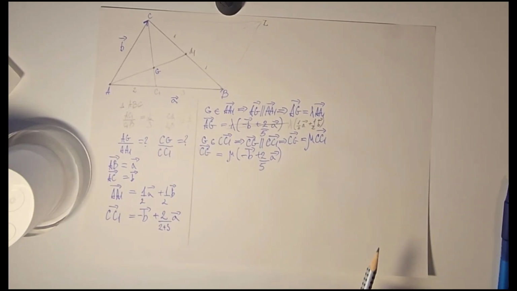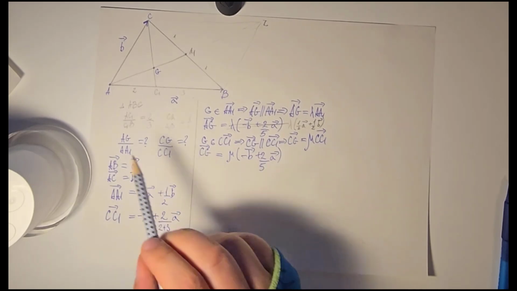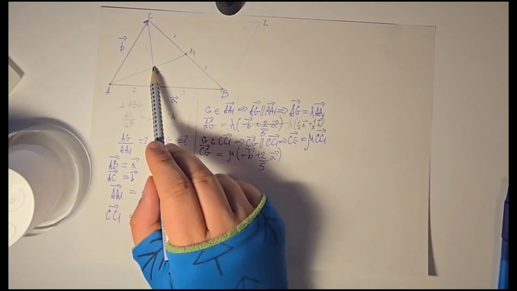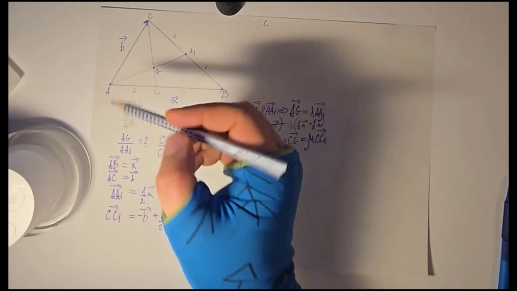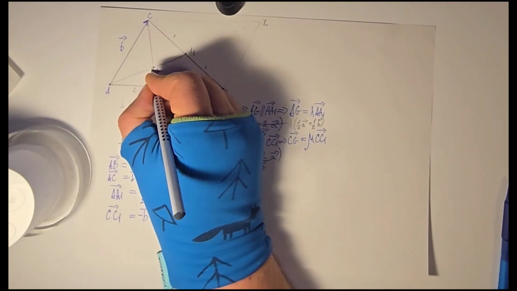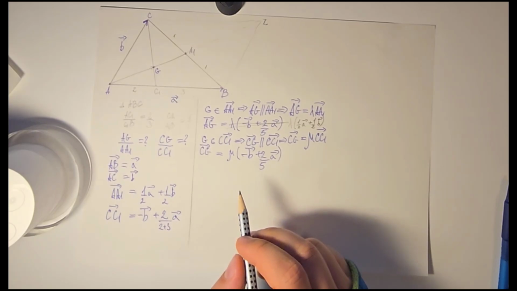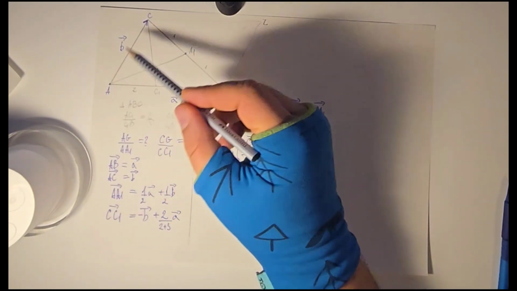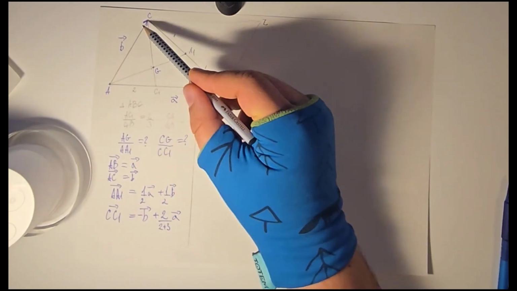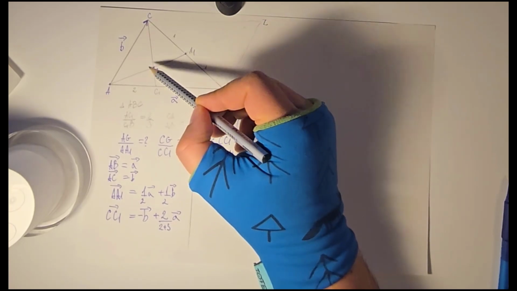And what can we say about AG now? Let's find another way to express this one, A to G, this vector. A nice way to express it would be, this vector is like B, obviously, plus CG.